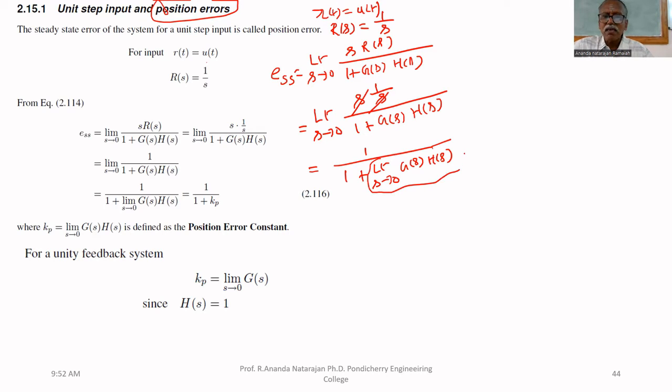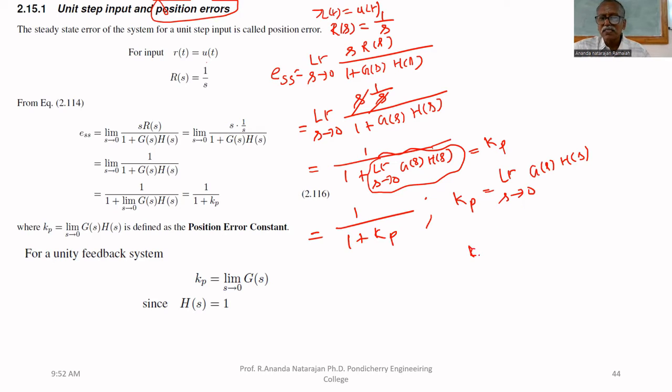This can be called Kp. If we assume limit s tends to 0, G of s, H of s equal to Kp, then we can write 1 by 1 plus Kp, where Kp equal to limit s tends to 0, G of s, H of s.